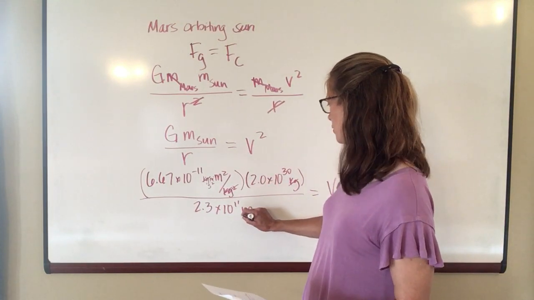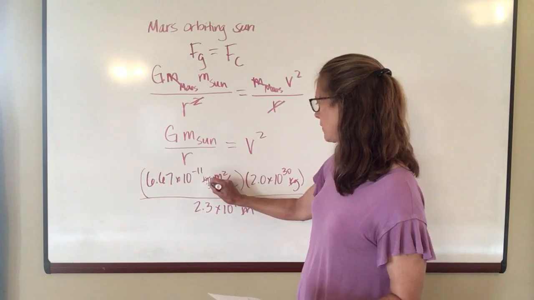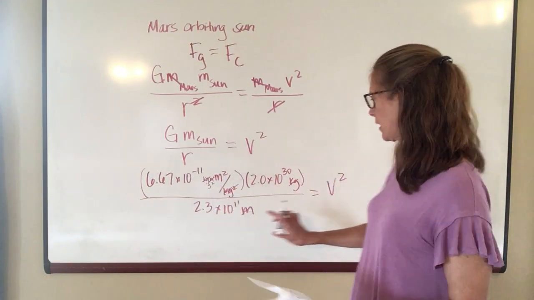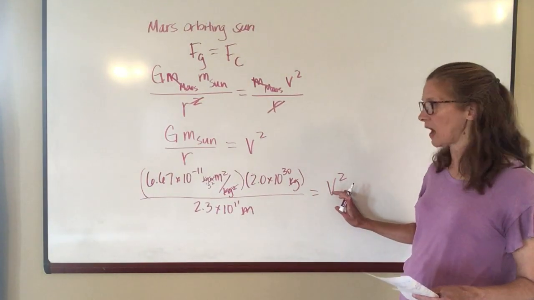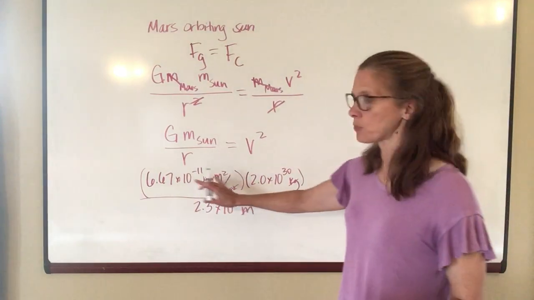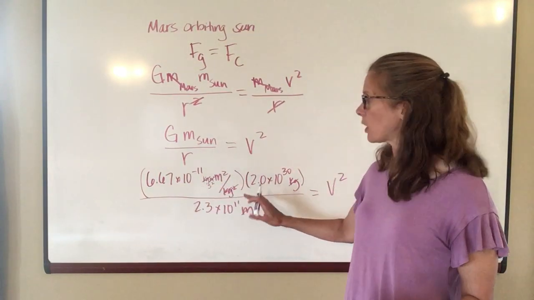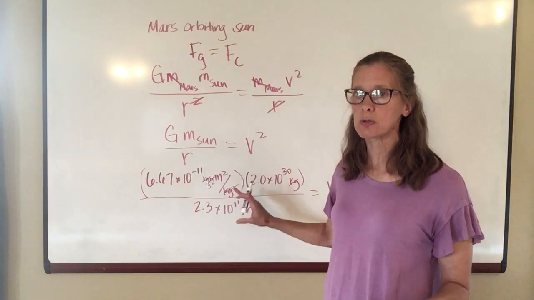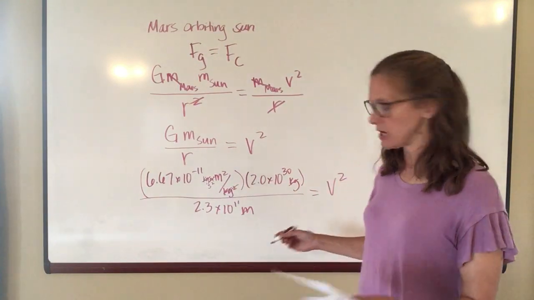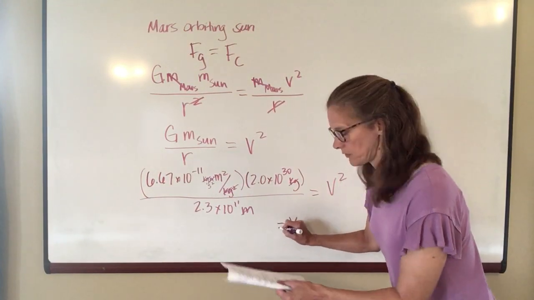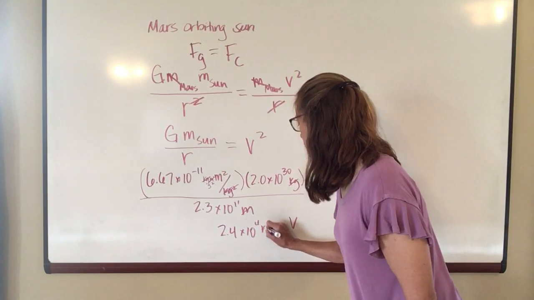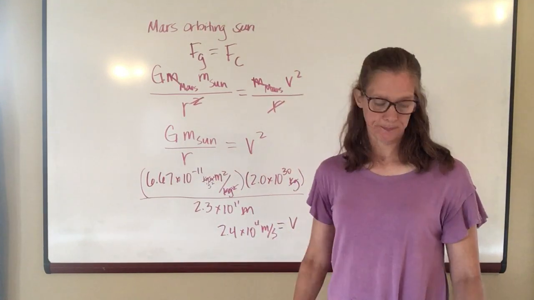This meter is going to cancel out with this meter, and so what I'm left with is meters squared per second squared, which is what I should have for velocity, because I'll take the square root of it and then I'll get meters per second. Now, you don't have to write that out every time, but I did want you to understand that yes, these units really do cancel. So now when you plug those numbers in and you take the square root, you're going to get a velocity of 2.4 times 10 to the 4th meters per second.